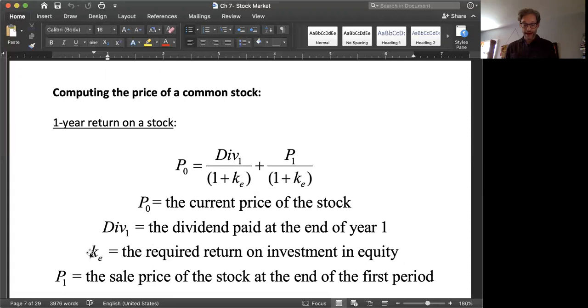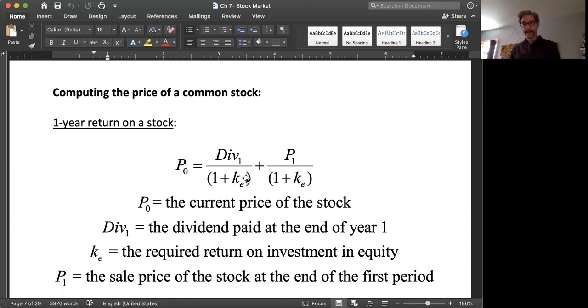It reflects the fact that for some stocks, you're going to have a higher required return than other stocks. Why? Because you think some stocks are riskier than others, right? So if this stock that you're considering here has higher risk, you're also going to have to set a higher required return, right? You're going to have to discount those future payments by the fact that you're less likely to actually get what you think you're going to get in the future.